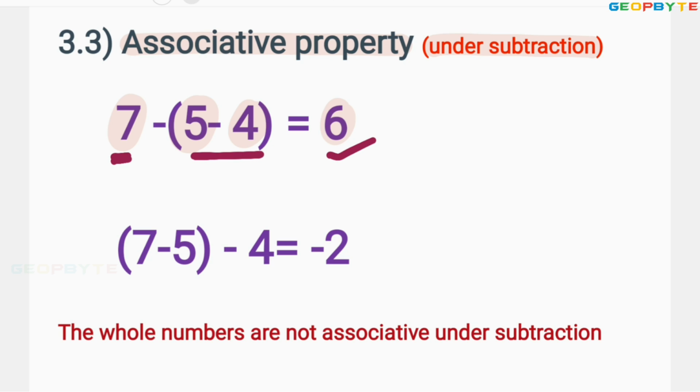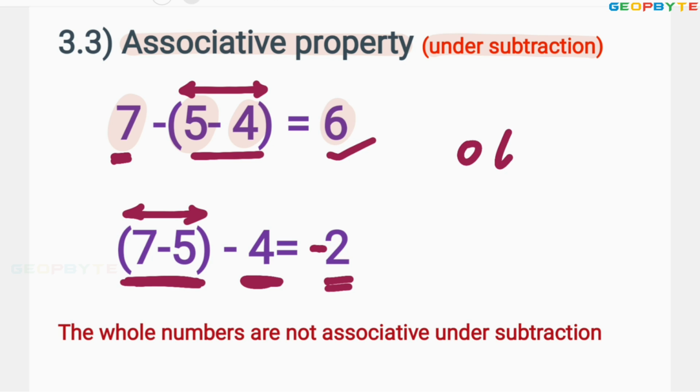But if I change the bracket from 5 minus 4 to 7 minus 5, here 7 minus 5 is 2. 2 minus 4 is how much? Minus 2. Therefore, minus 2 is not coming under a whole number, because the whole number means the number from 0 to infinity. Any number from 0 to infinity only is coming under whole number.